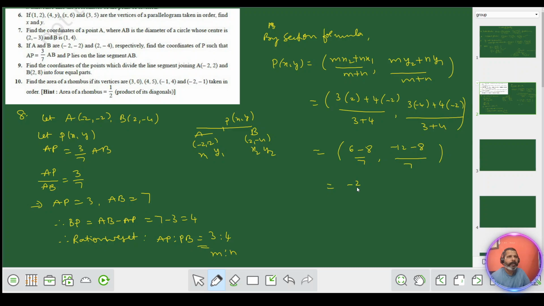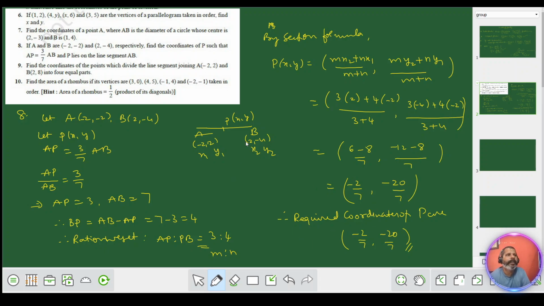That means minus 2 by 7, minus 20 by 7. Therefore, the required coordinates of P are minus 2 by 7, minus 20 by 7. They don't get cancelled. So leave it as is.